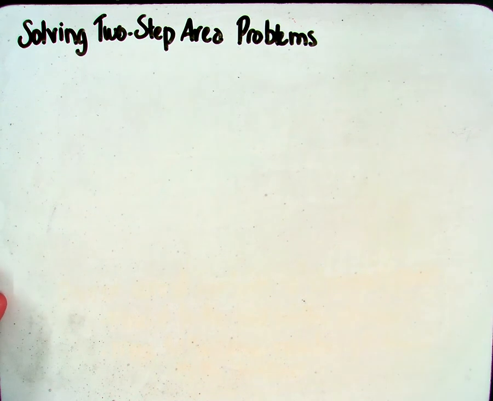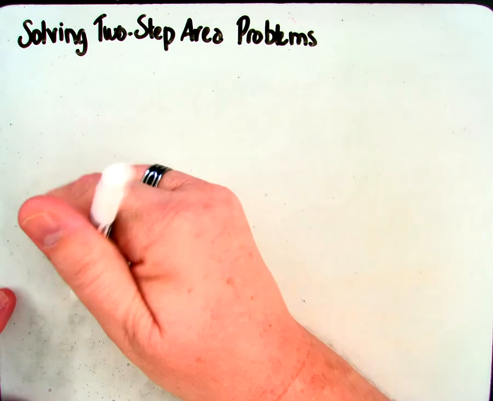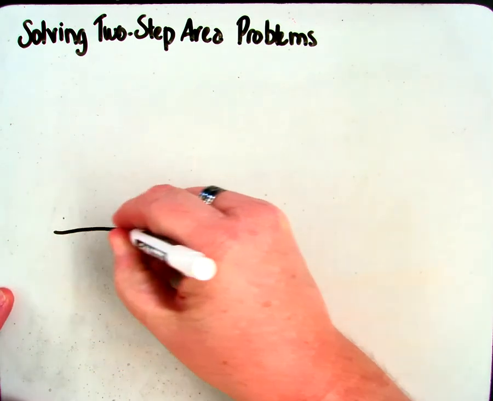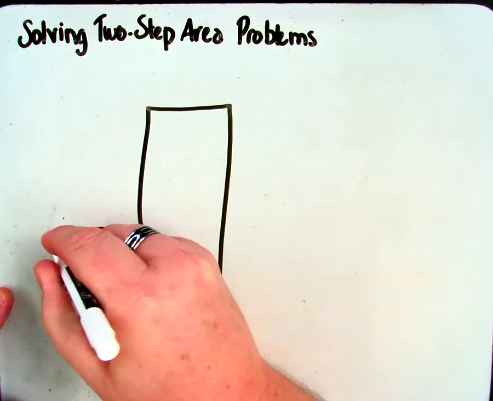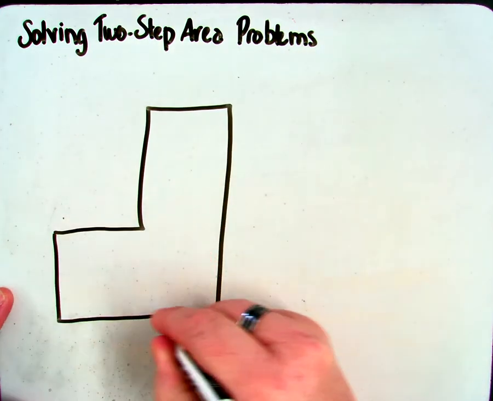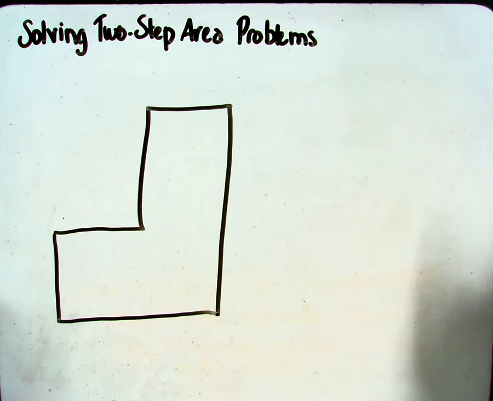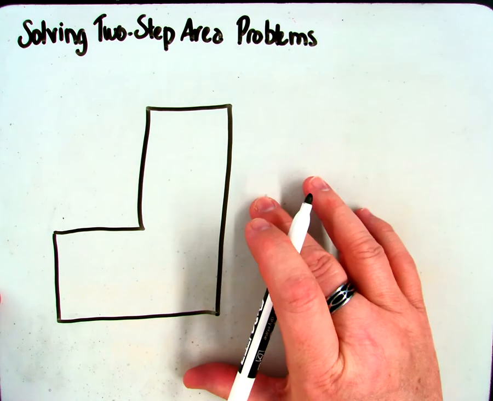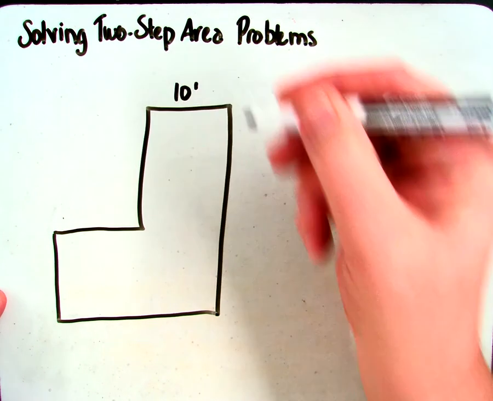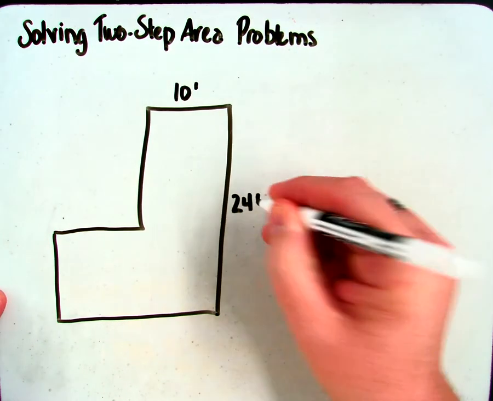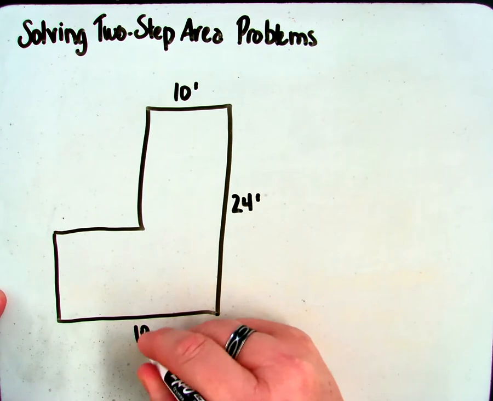For example, if we were to draw out something that looks like this, which could be a room, it could be a patio, it could be a garden, it could be several different things. But in looking at this problem, we're going to give some of the sides some dimensions.